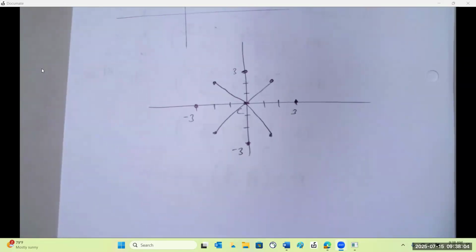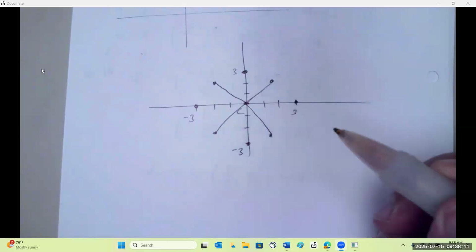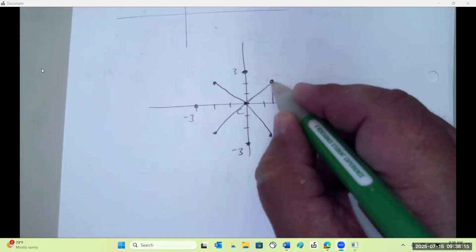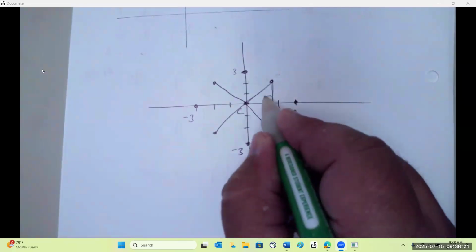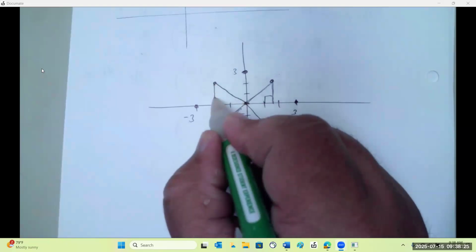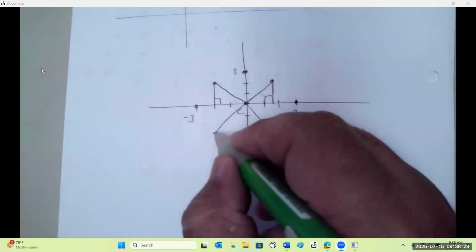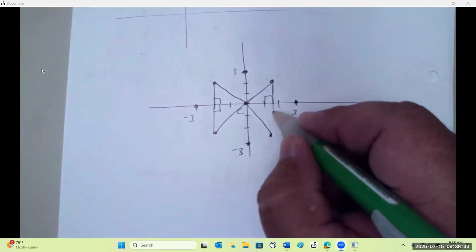But how do we get to an equation of this? We have x's and y's here. This first line here, if we drew a line straight down, what have we just created? A right triangle. This point here, if we drew a line straight down, we just created a right triangle. This one here, same thing, and this one here.